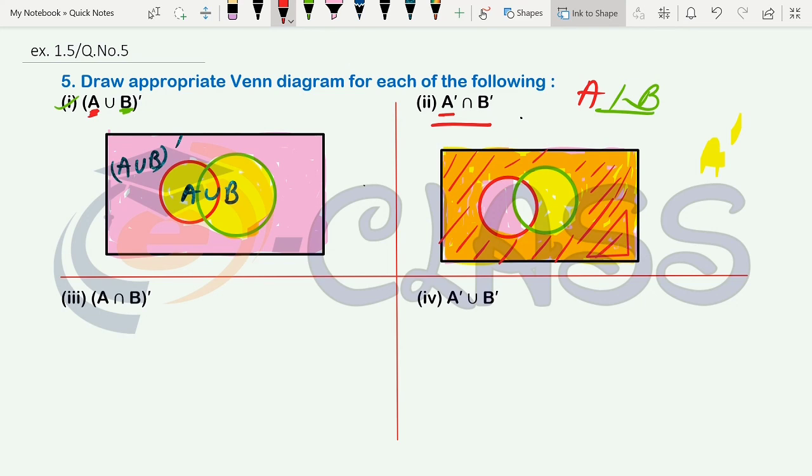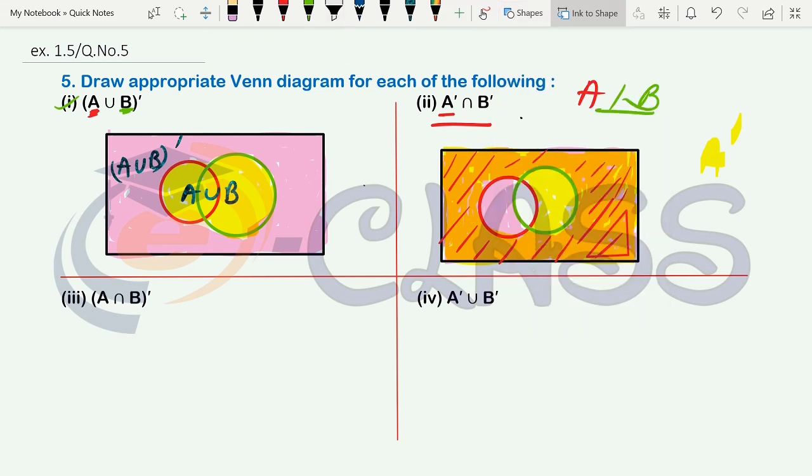This area is only pink, this area only yellow. So the mixture of pink and yellow is A complement intersection B complement.